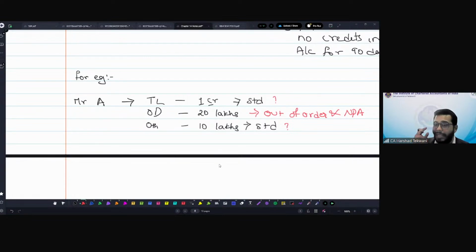Now here in this particular scenario, the regulations come into play. The regulation says the asset classification should be borrower wise.